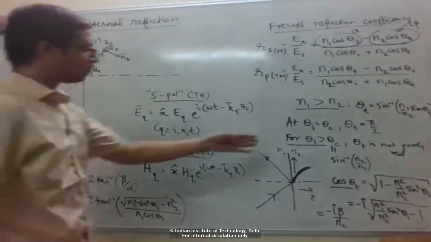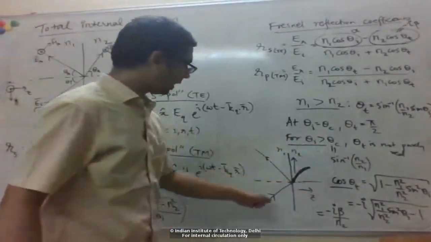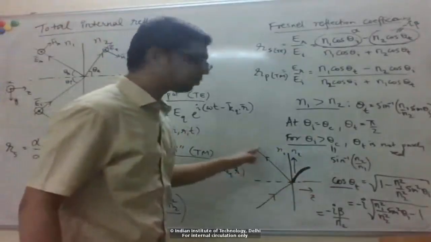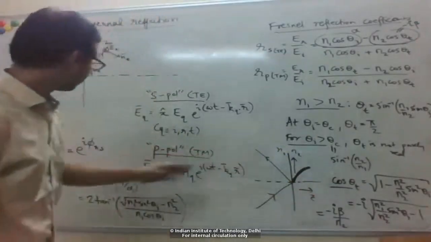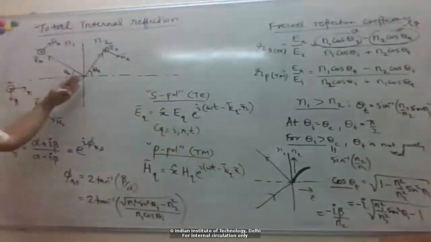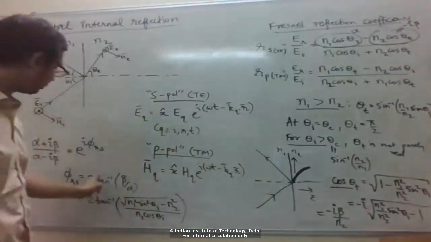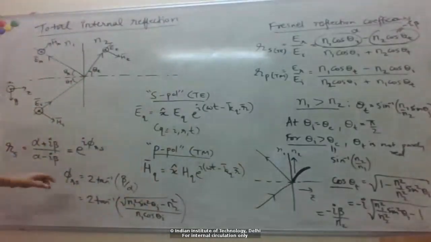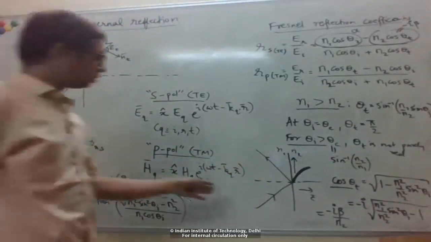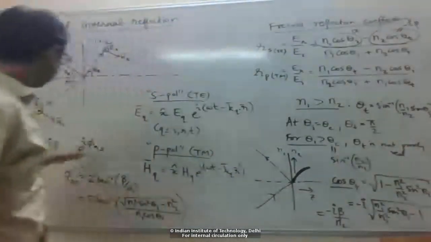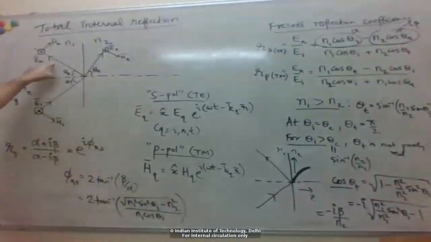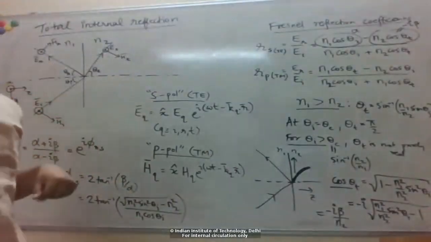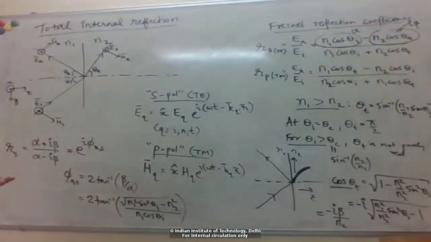Above the critical angle, I get 100% reflection with a phase shift, and that phase shift depends on the incident angle. So as I vary my incident angle above the critical angle, this phase shift is varying. So it's important to keep track of it. Of course, you get 100% reflection, but there is a phase shift for the reflected wave compared to the incident wave. And this will be important when we discuss waveguiding and the concept of modes.